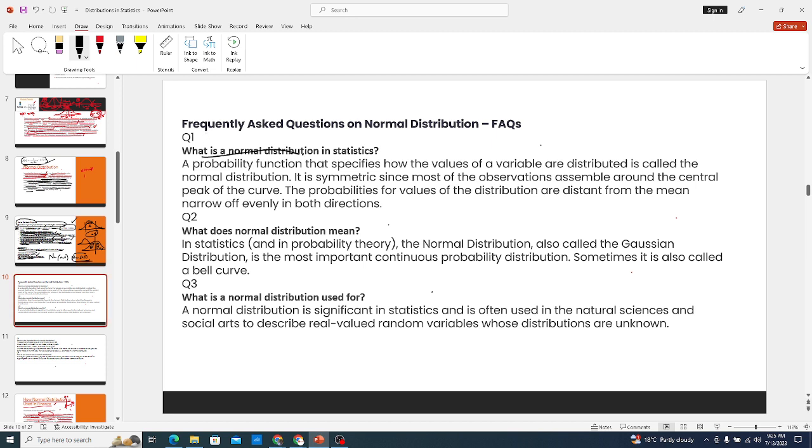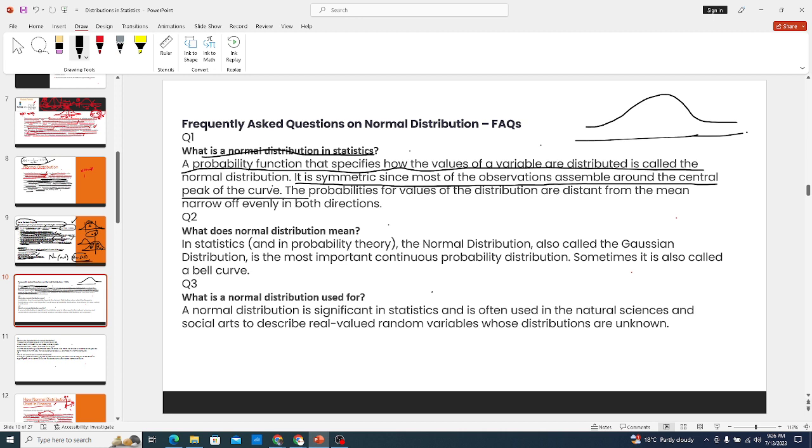What is the normal distribution in statistics? As we had said, the probability function that specifies how the values of a variable are distributed is called the normal distribution. It is symmetric since most of the observations assemble around the central peak of the curve. Let me assume we have this kind of normal distribution.